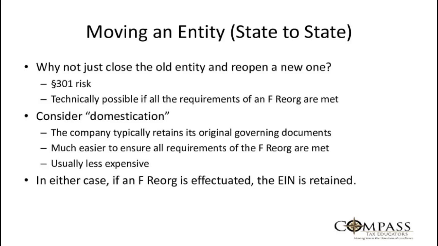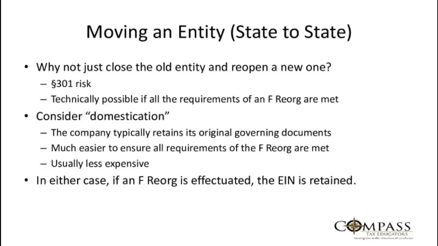And when you have assets distributed from a corporation in a liquidation, or even in non-liquidation scenarios, then the corporation has to treat it as though all of that property that was distributed out was effectively sold for its fair market value. There's going to be gain recognition. If it's a C corporation, you might have double taxation. So there is risk there when you try to move an entity from state to state in that particular way.